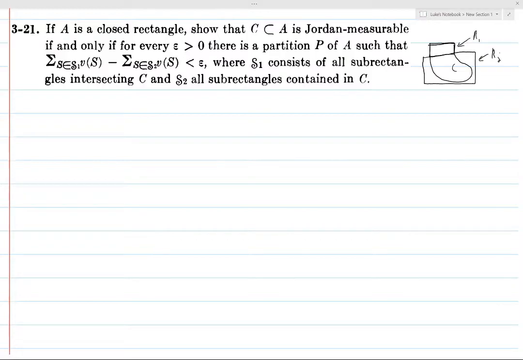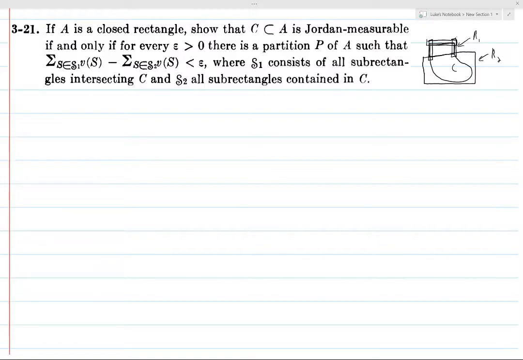But if you take all the sets which are in S1 but not in S2, that's going to be only R2. And you don't cover the entire boundary because some of those boundary points are contained in R1. What you need to do instead is cover this boundary by really slim rectangles. And they have to be slim because you need the volume of these rectangles to be small. And that's how you are going to get the result that you need.